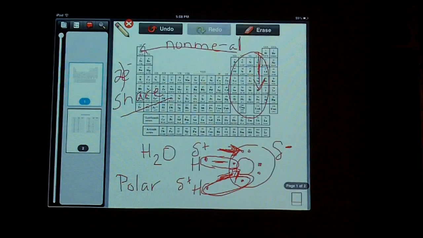And what we mean by polar is the fact that even though it is a covalent compound, we have one end of the compound that pulls electrons closer to it. And that gives that end a partial negative charge. And it leaves the opposite end a partial positive charge.